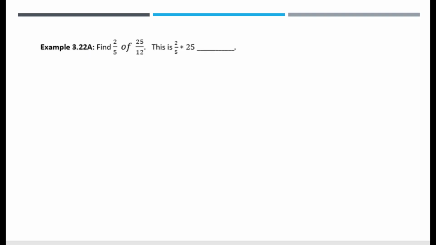So I'm just going to give you 2 examples of multiplication problems involving fractions. I'm going to do this one a little bit differently than you might do it in the future, but just to do it this way. So this is, of means multiply. So I want 2/5 of 25/12.